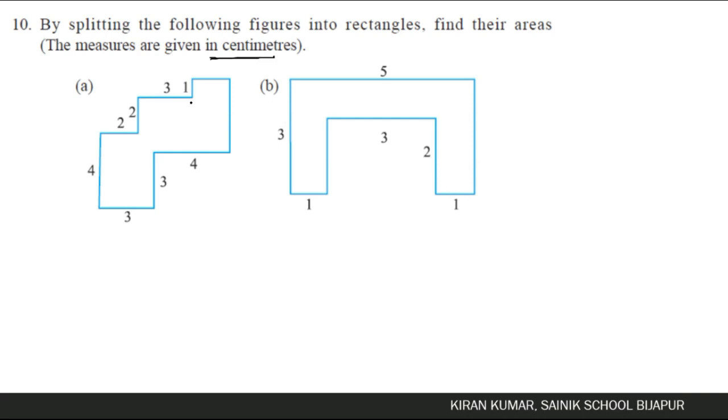So to split, I'll just draw a line here with respect to this. Then I will draw a line connecting from here to here, this straight line, and one more line from here to here.